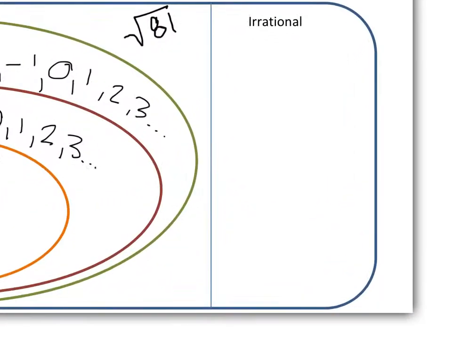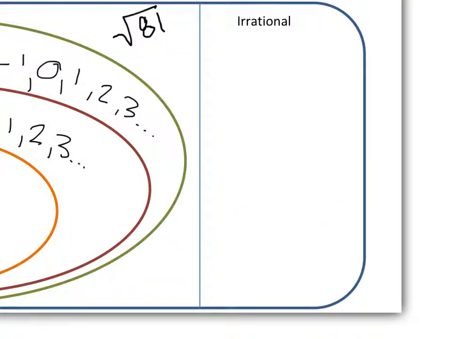But the opposite of that is irrational. What's the famous irrational number? Pi. Okay, why is pi an irrational number? Because its decimal goes on and on and on, forever and ever and ever.